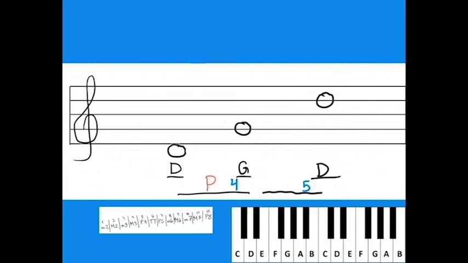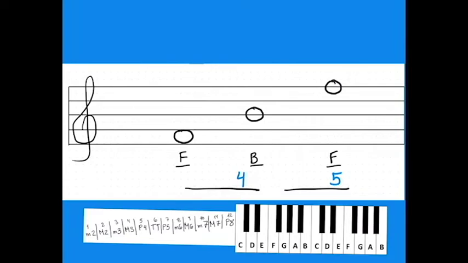And our inverted interval is G to D. So counting half steps, 1, 2, 3, 4, 5, 6, 7. 7 half steps correlates to a perfect fifth. So our original interval D to G was a perfect fourth. And our inverted interval G to D was a perfect fifth.